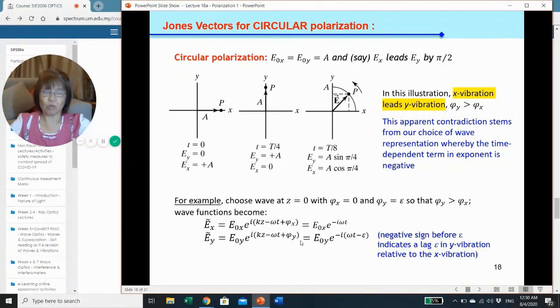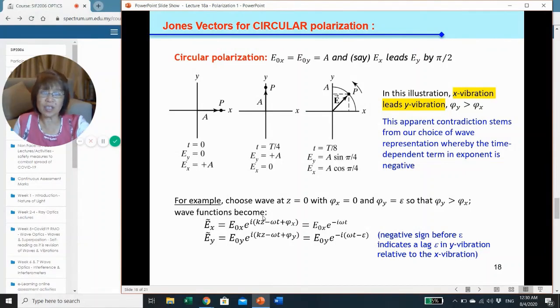For example, let's choose the wave at z equals 0 with phi x equals 0, and let's take phi y, which must be larger than phi x for this example, equal to epsilon.